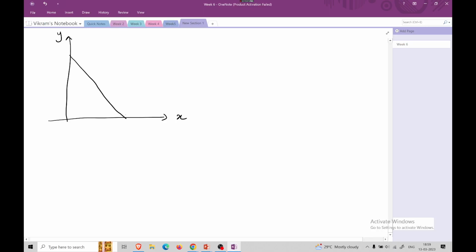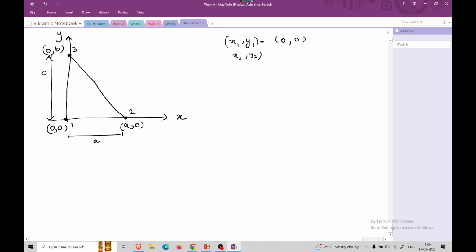Incidentally it is coincidental with the axis. So this is my node 1, this is my node 2, this is my node 3. The base was a and height was b. So accordingly I have derived the coordinates. So my x1 y1 is nothing but 0 comma 0, x2 y2 is a comma 0, x3 y3 is 0 comma b.